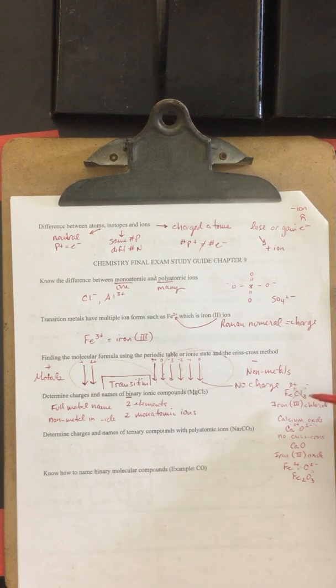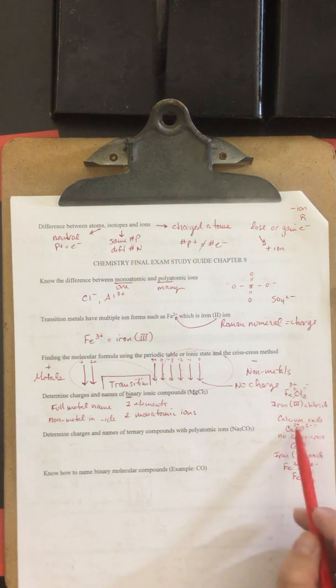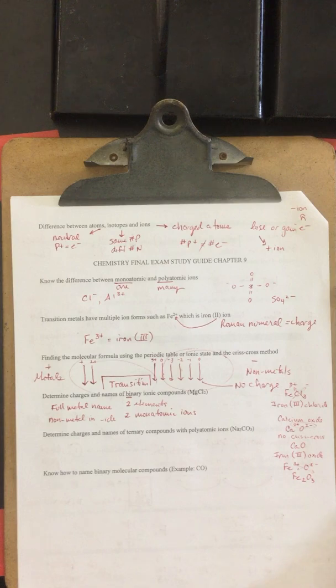So this is how we do these, particularly with transition metals, those that are not transition metals, those with different charges with the crisscross or reverse crisscross, and those with the same charge, which means that we're not going to crisscross.